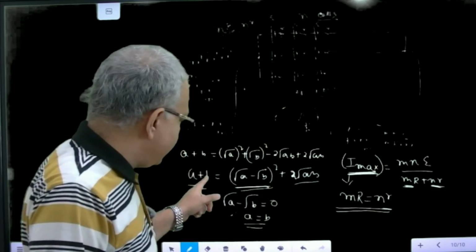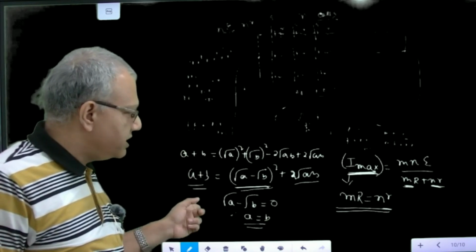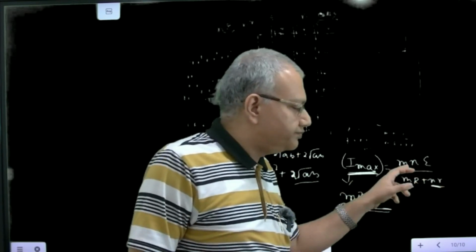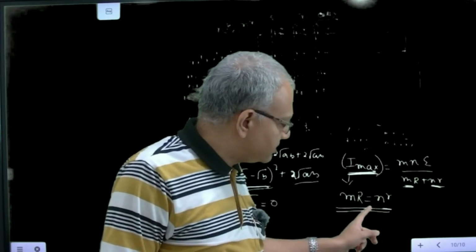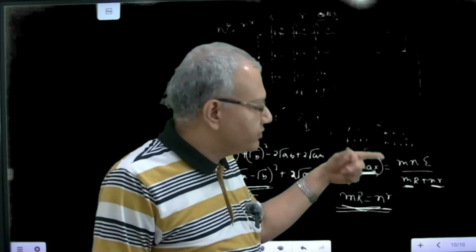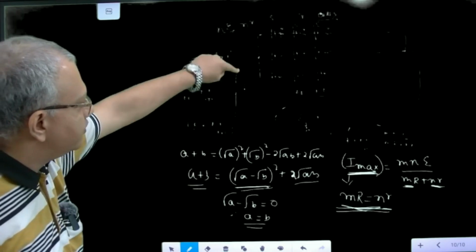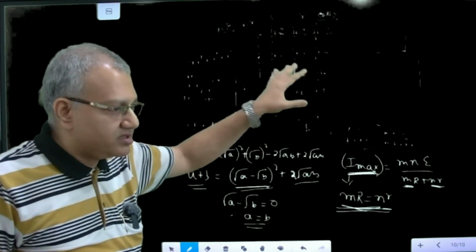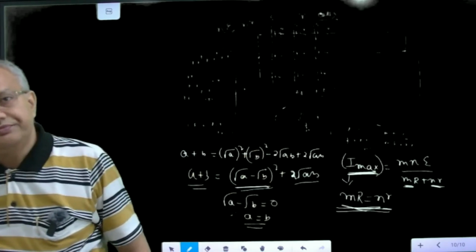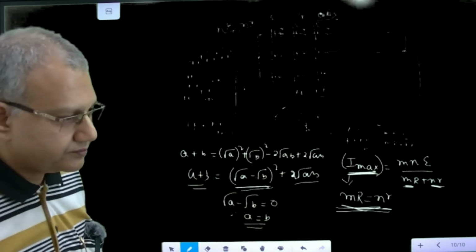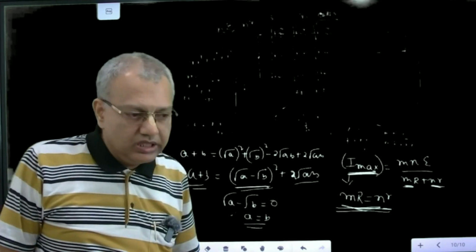Just like a and b are equal, the denominator is going to become minimum for this condition, then the current is going to become maximum. So the condition for the maximum current to flow through this matrix system is: mr is equal to n.